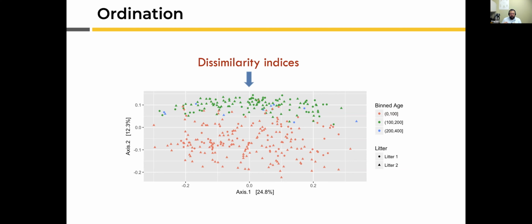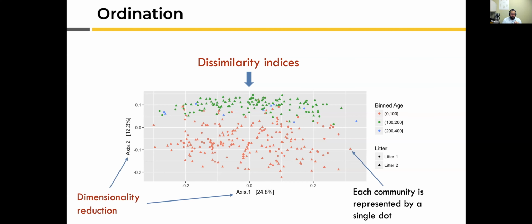So this is a representation of the dissimilarity matrix. Each community is represented by a single plot point, and each method of ordination uses some form of dimensionality reduction to take your 500-dimensional data and collapse it down to two or, preferably, three dimensions.